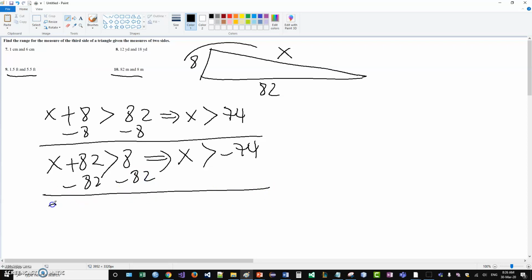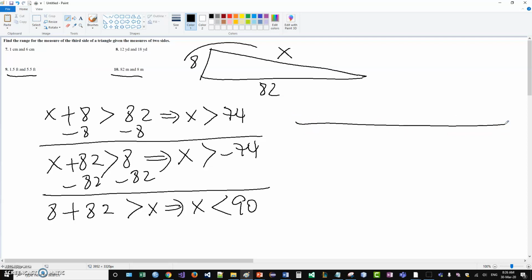And then 8 plus 82 greater than x. That means x less than 90, which is 8 plus 82. So let's assume this is minus 74, this is 74, and this is 90.